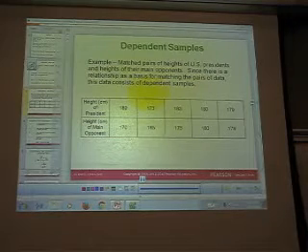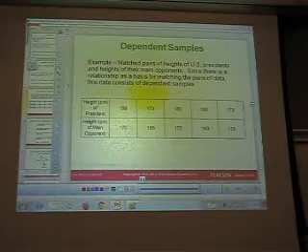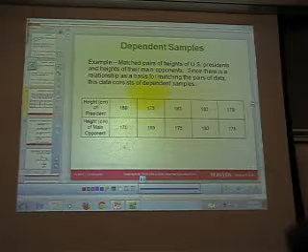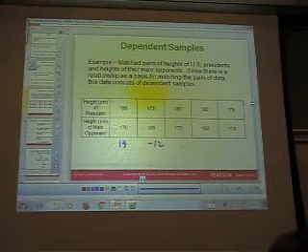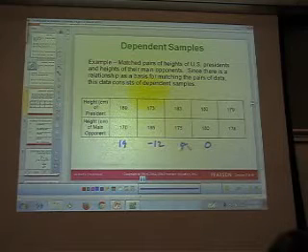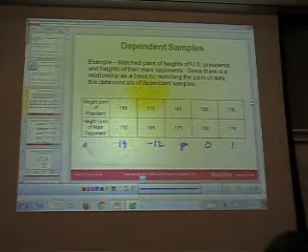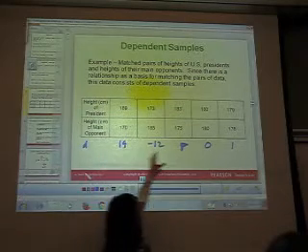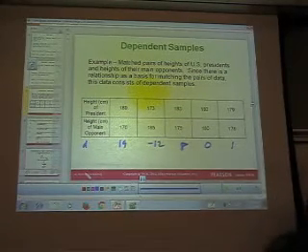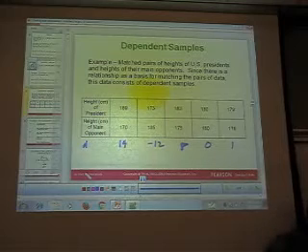And then what you do is super easy. Just subtract the first one from the bottom one. Make it 12, 8, 0, 1. And then you run a one sample t-test on these numbers, on the differences. So you've taken two samples and really made them into one sample.